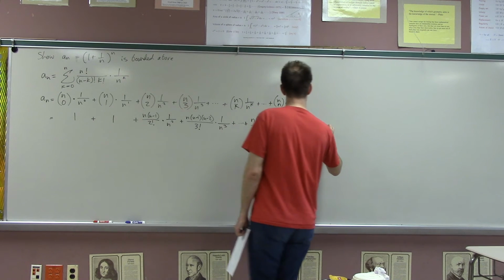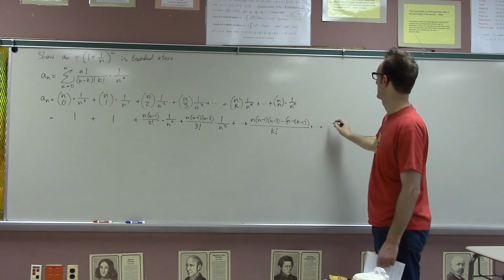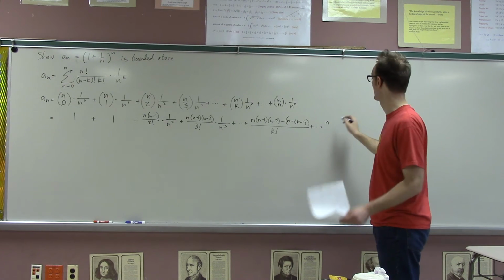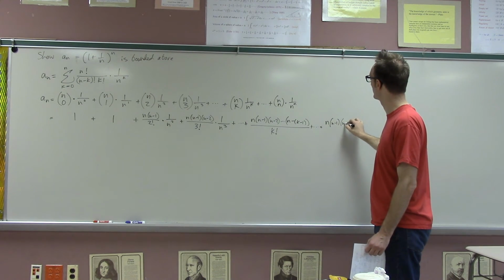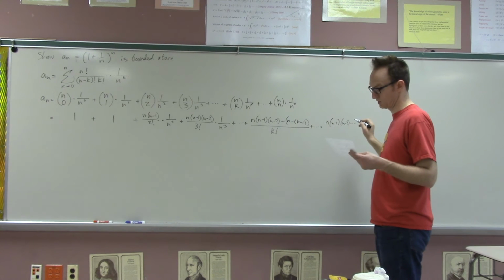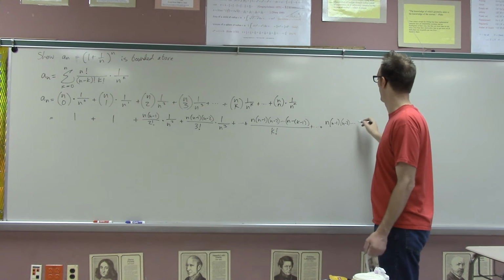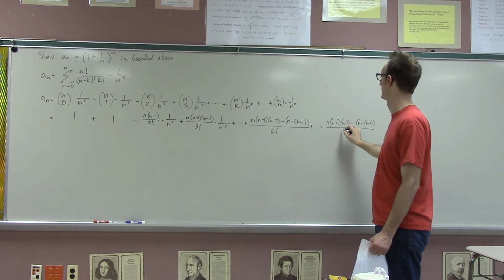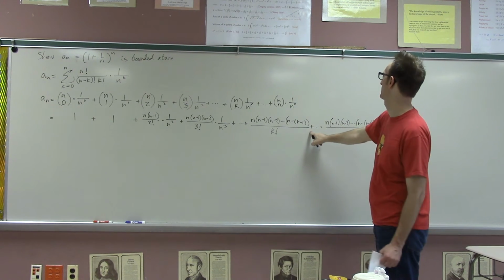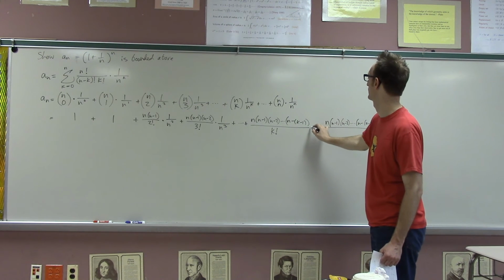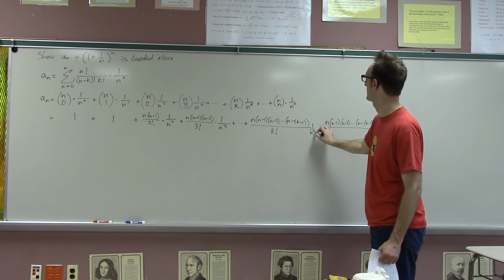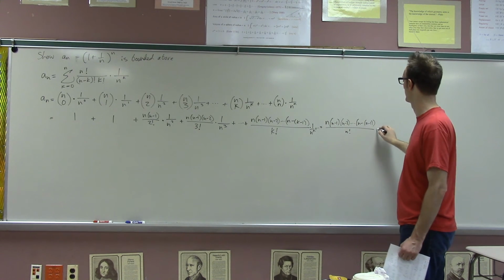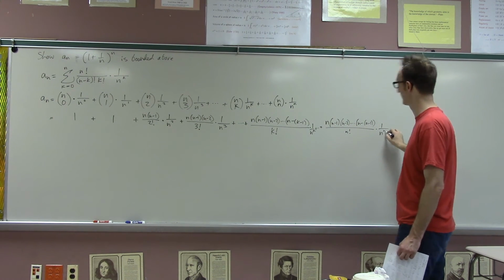And then the last term, I think I'm going to run out of space, is n minus 1, n minus 2, all the way down to basically 1, which is just really n factorial. Did I forget something? I did. I forgot the 1 over n to the k. 1 over n to the k. And then this is n factorial, and then times 1 over n to the n.